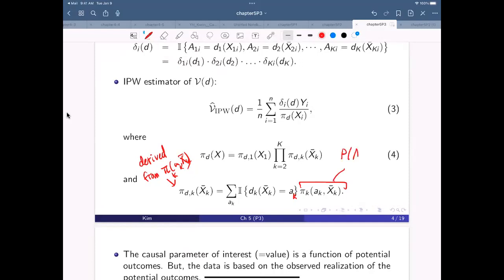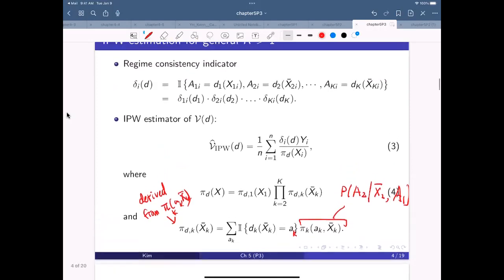Probability of A K, which is, so I see where your confusion is, I mean, why you're asking. So A1, because now we do not have an A1 in the argument, okay.